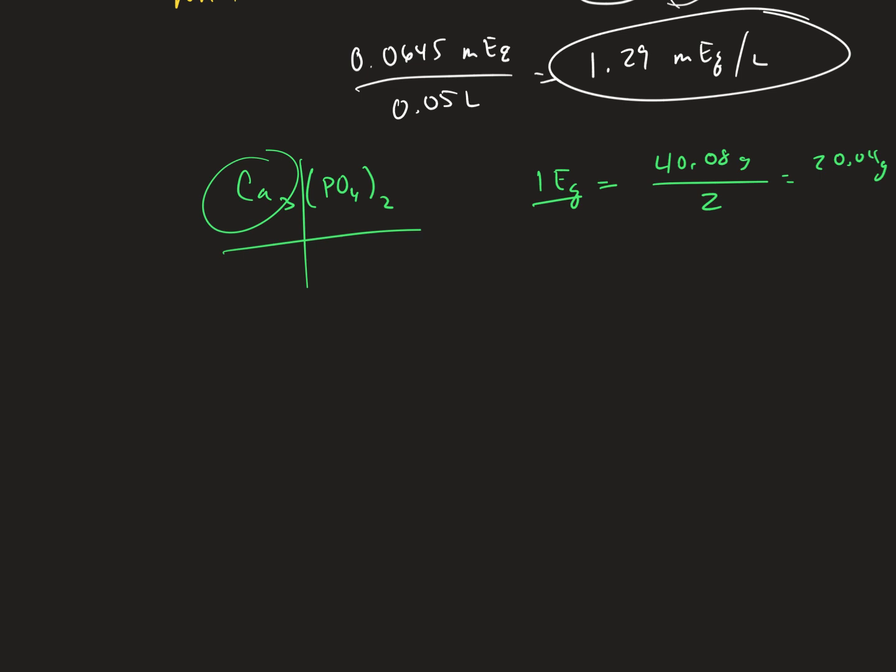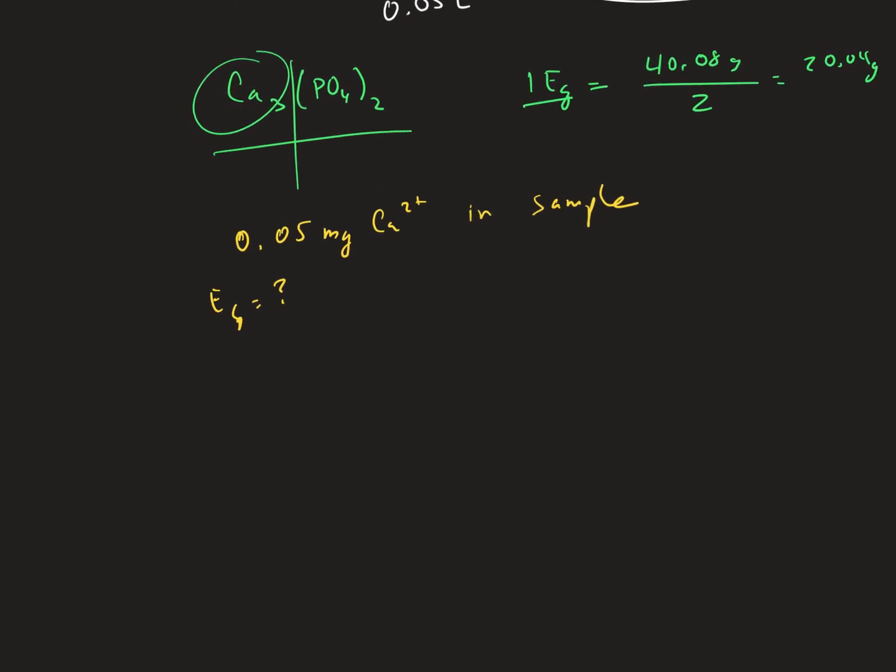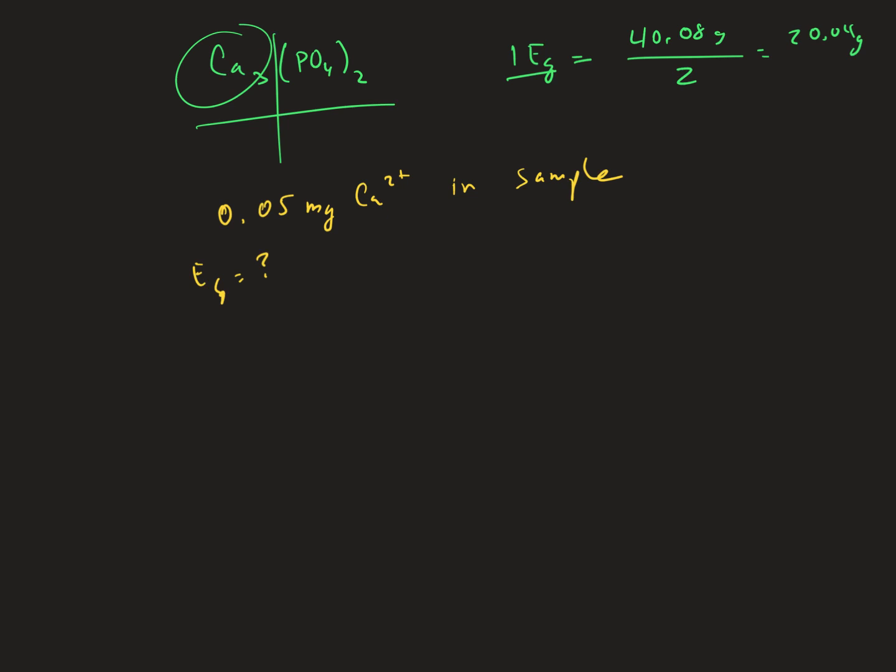So let's say we have 0.05 milligrams of calcium 2 plus in our sample. How many equivalents do we have? What do we start with?